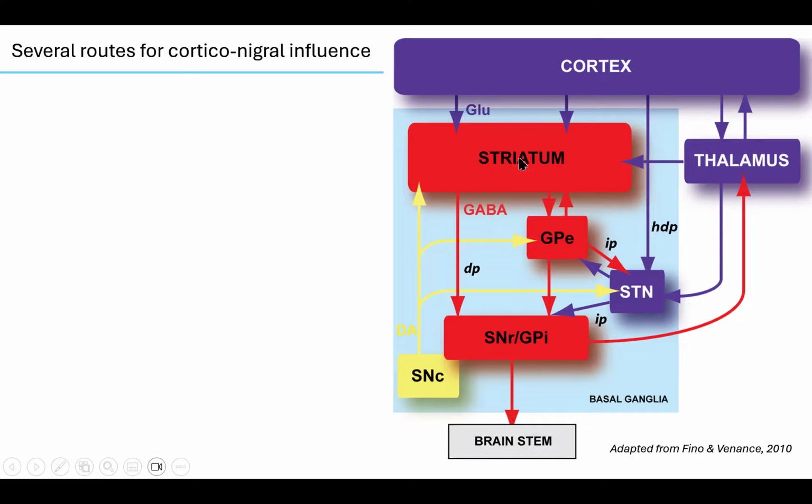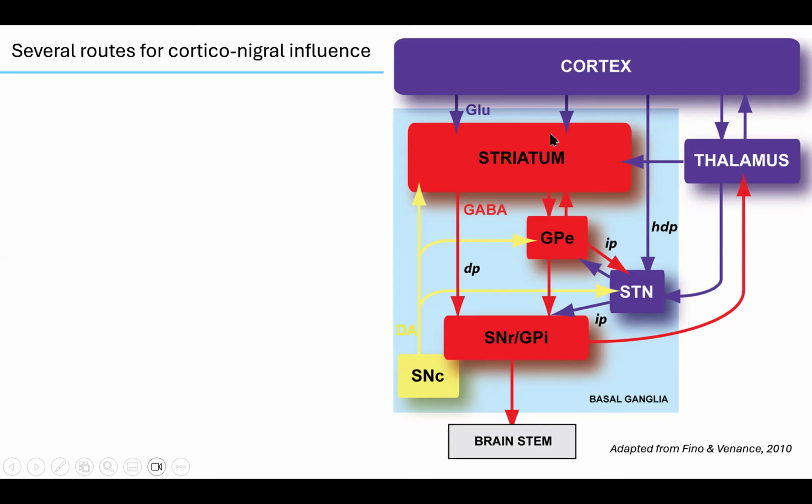So we have different pathways, and the main driving force for the basal ganglia comes from the cortex. So many cortical regions project to the striatum, sensory, motor, prefrontal regions, so all the regions that both Paolo and Sophie covered in their talks and more project to the basal ganglia.